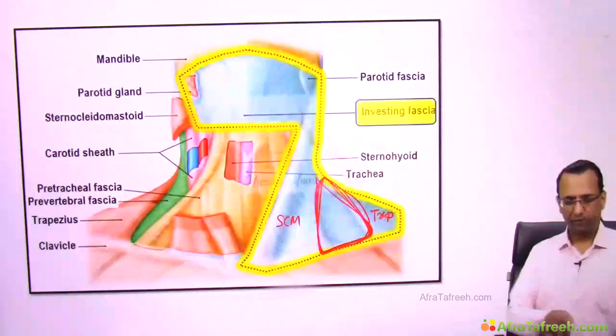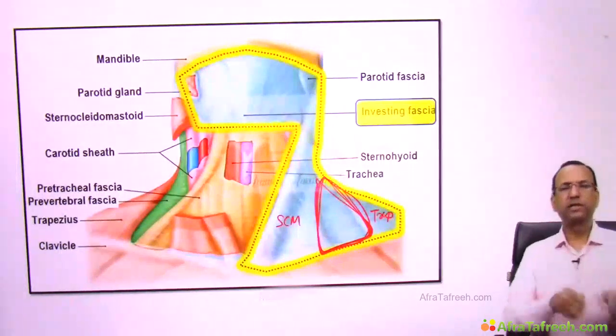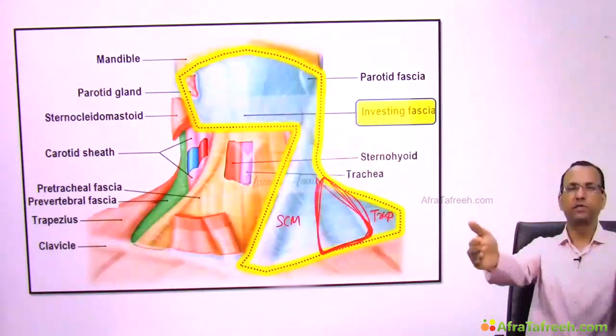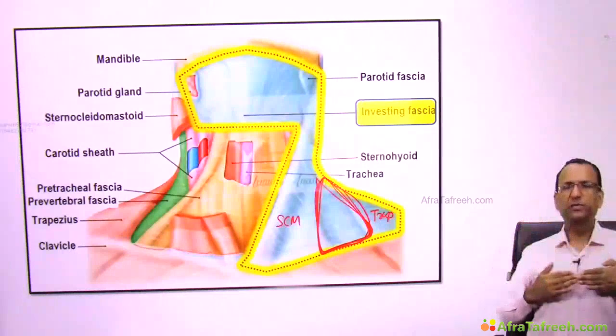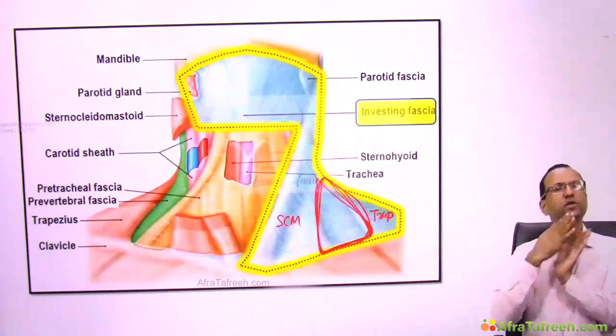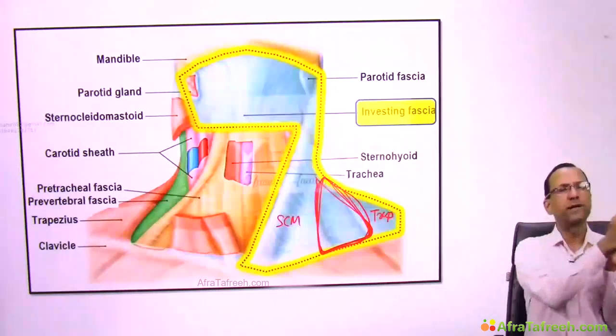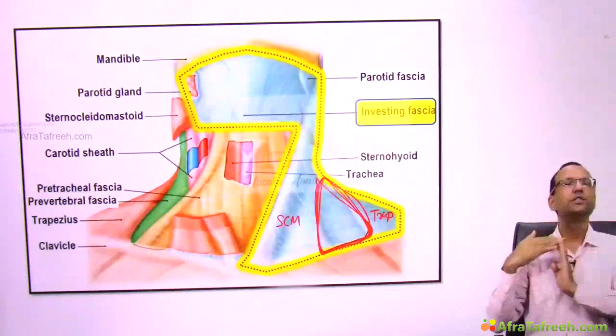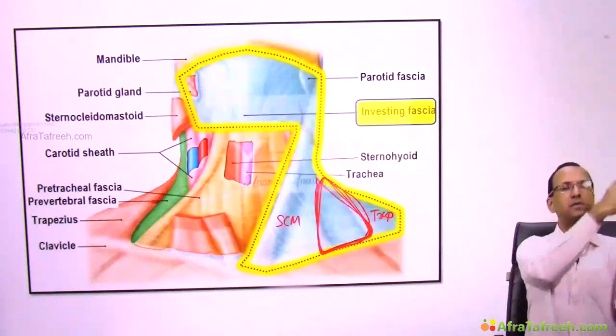And one more thing: this fascia will come and split and enclose the sternomastoid, then split and enclose the trapezius also. Splitting and enclosing muscles.